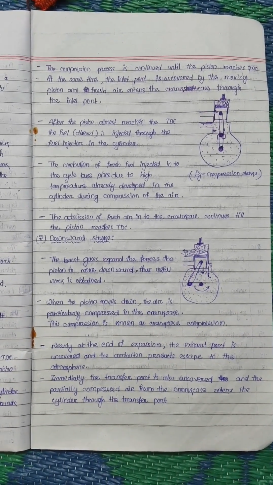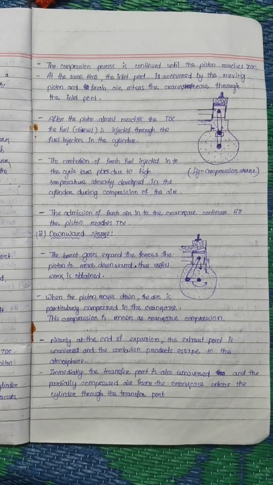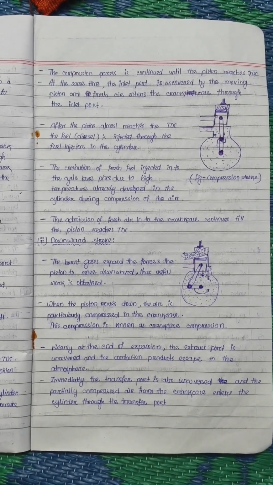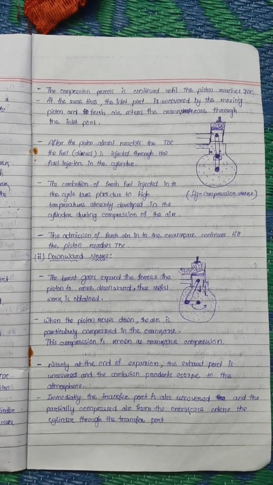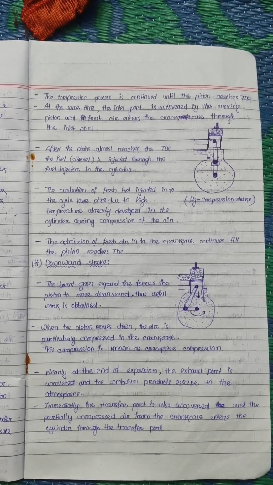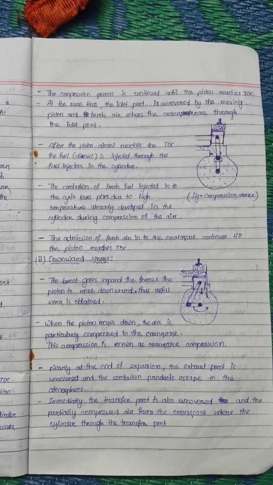Nearly at the end of expansion, the exhaust port is uncovered and the combustion products escape to the atmosphere. Immediately, the transfer port is also uncovered and the partially compressed air from the crankcase enters the cylinder through the transfer port.